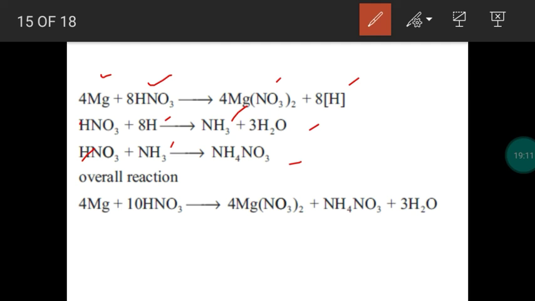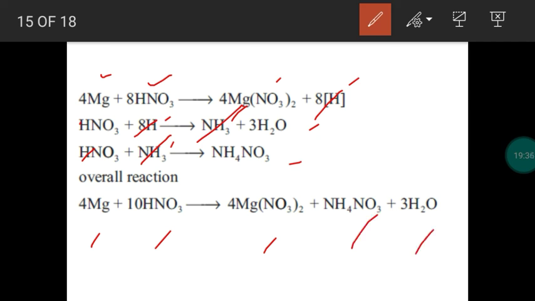On the left hand side we have 4 molecules of magnesium, totally 10 molecules of HNO3. Then ammonia will be cancelled, nascent hydrogen will be cancelled. So on the product side we have 4 molecules of magnesium nitrate, ammonium nitrate, and water.